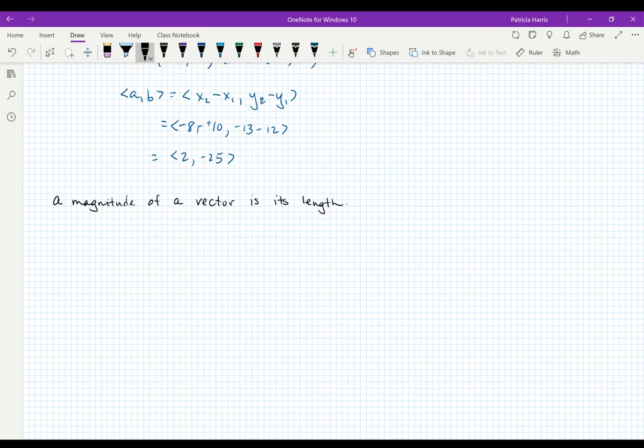Okay, so how long is it? All right, so how we find the length of the vector, if you're in point notation, you're basically going to use the distance formula.